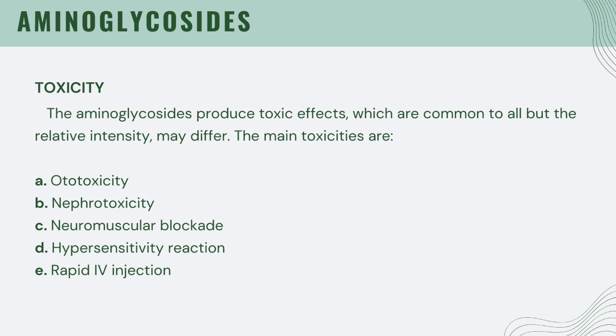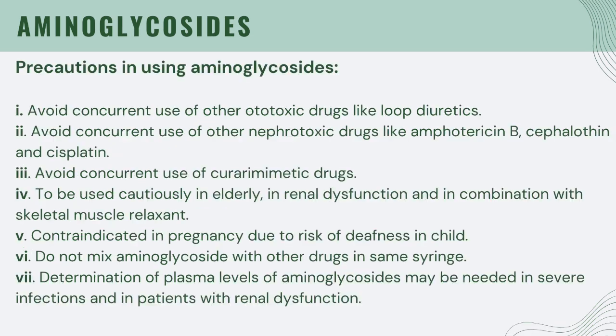Aminoglycosides can produce toxic effects, particularly when administered at high doses or for prolonged periods. Here is a list of the main toxicities that aminoglycosides produce. Here is another list that contains precautions one needs to understand before using aminoglycosides.